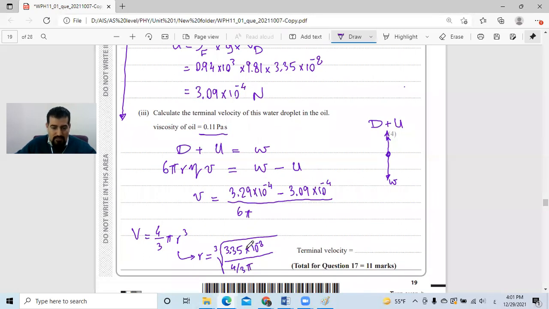We will use this value to find the radius, multiplied by eta, and the eta they give to us is 0.11. How much is the radius here? If you have a calculator, can you give me the answer? The cube root here. Are you sure? Yes, thank you. 2 times 10 to the power of negative 3. By using the whole thing here, that's why it has 4 marks, how much is the terminal velocity?